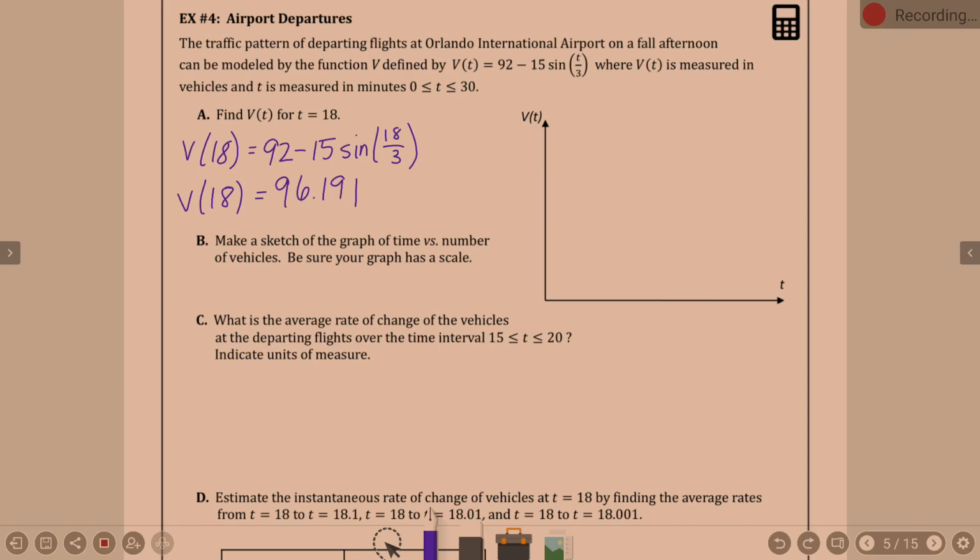So this v of 18 is the number of vehicles at 18 minutes. So it depends on the scenario. Sometimes we could, to an extent, say that this is about 96 vehicles. It just kind of depends on the scenario though.